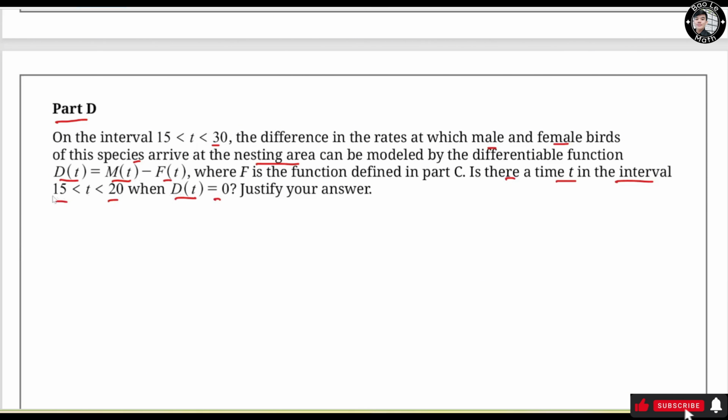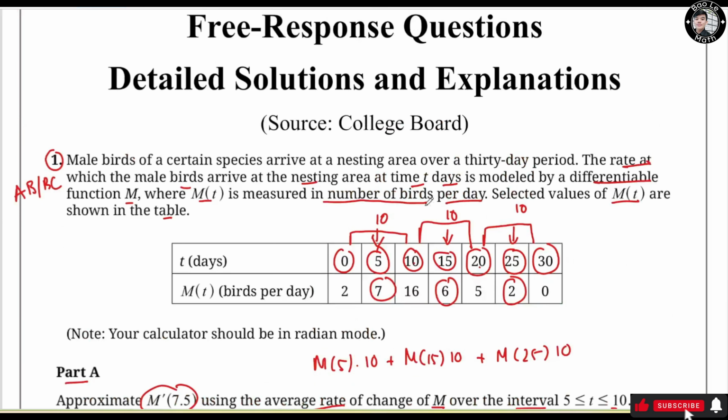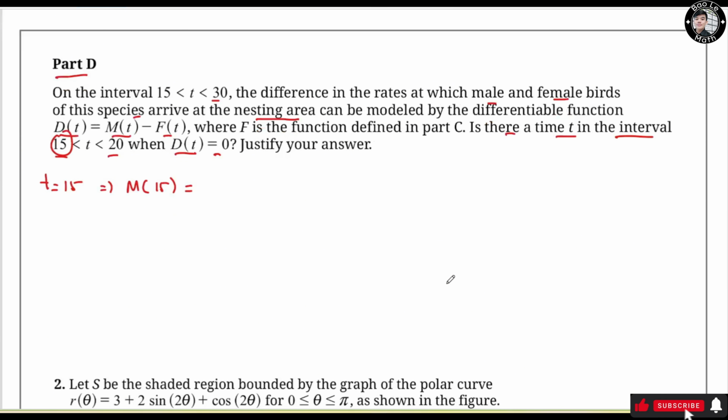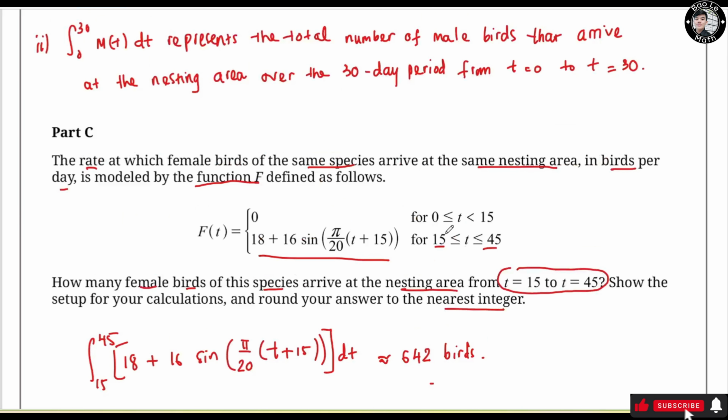Alright, so at t equals 15, we're going to have m of 15 equals, we look at the table right here, m of 15 is right here. For f of 15, we're going to use the function right here.